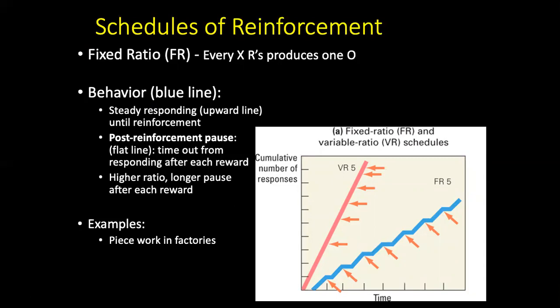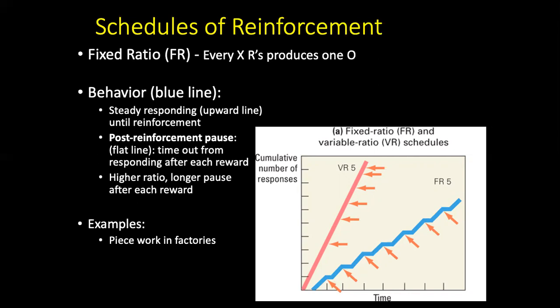They've gotten the reward. They know they're not going to get it right away again if we're talking about a fixed ratio of 5. And so there's a little bit of a dip in motivation to try and work for that reward, right? But then they want it again, so then they'll start doing it, and they'll do it enough. They know they have to do it 5 times to get that reward, right? And so the higher that ratio, the longer the pause is after the reward.